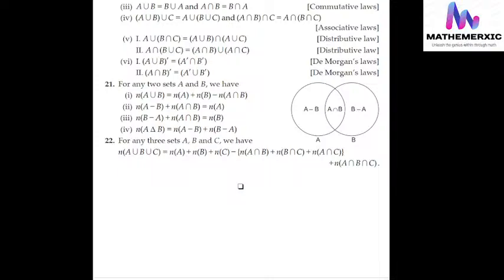Now, if I check the intersection part, it can be written as, okay, we can see all this formula, that is the union of these two will be the summation of the separate terms minus the intersection.